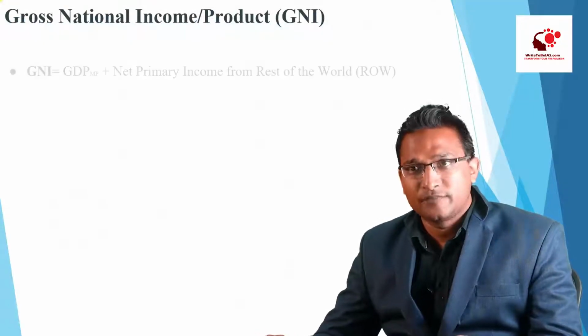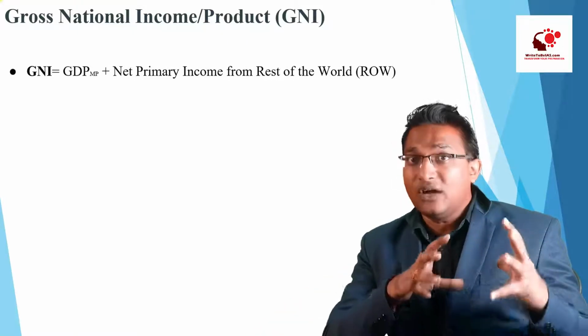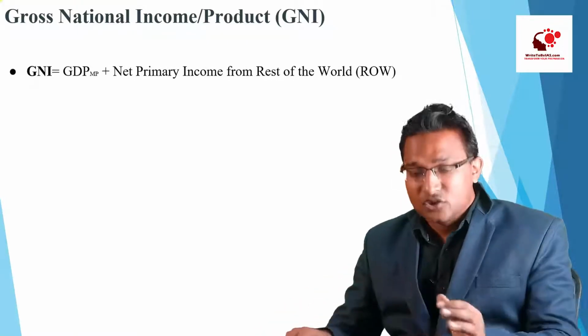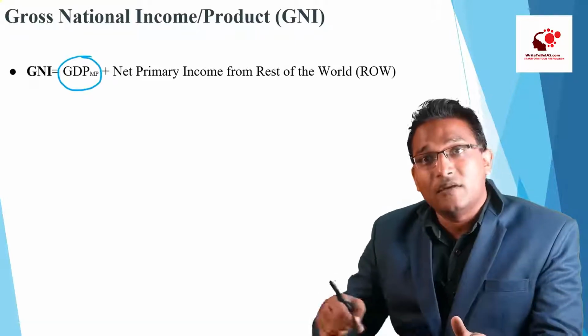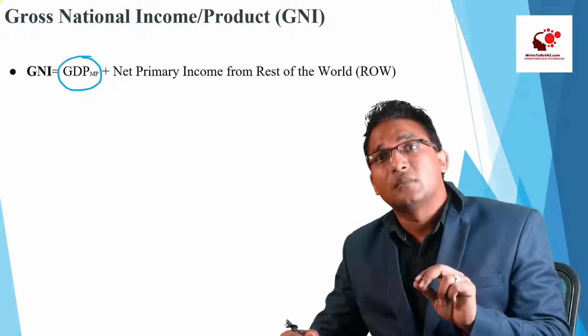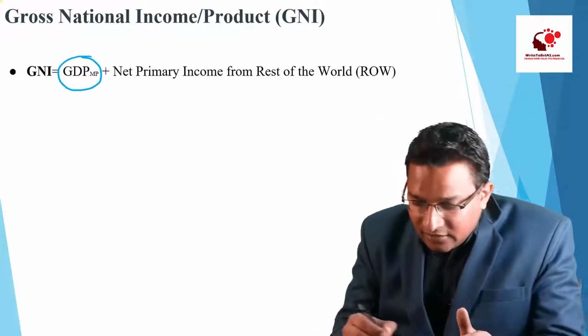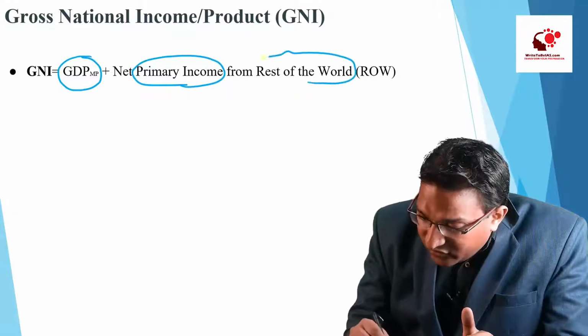Now, let us see. Gross national income or gross national product, they are synonymously used. How do we calculate? We have seen the concept. This calculation is done by adding to the GDP-MP, or gross domestic product at market price, the net primary income from the rest of the world.